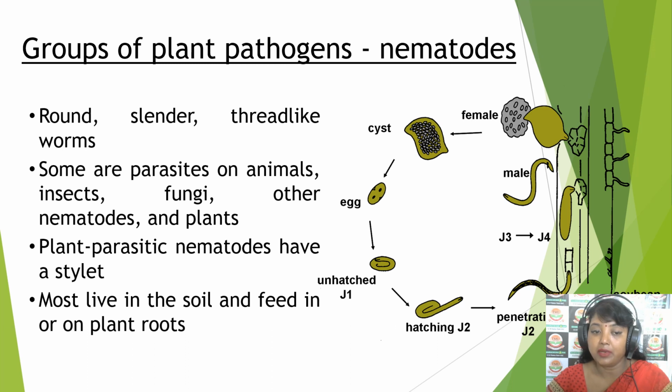Plant parasitic nematodes have a stylet. The nematodes which infect the plant use the stylet to rupture the root of the plant and invade inside the plant. Most of them live in the soil and feed on the plant roots.